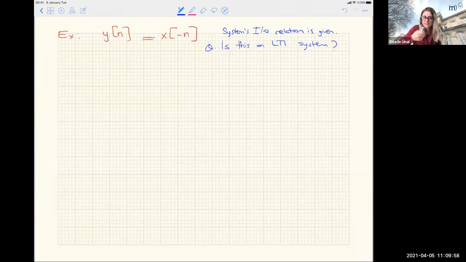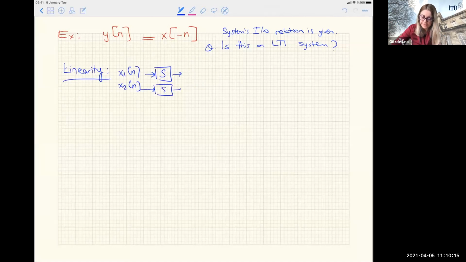Thank you. So let's just finish this example. Maybe linear or not. Okay, let's pass x1 and x2 through the system. Let's write the outputs here, right?